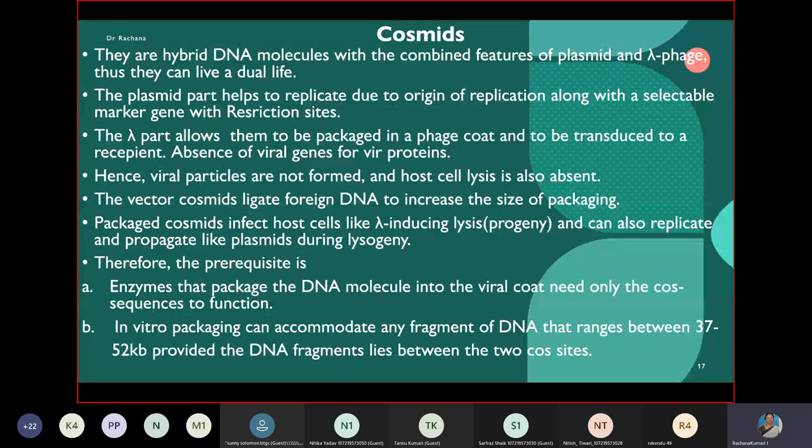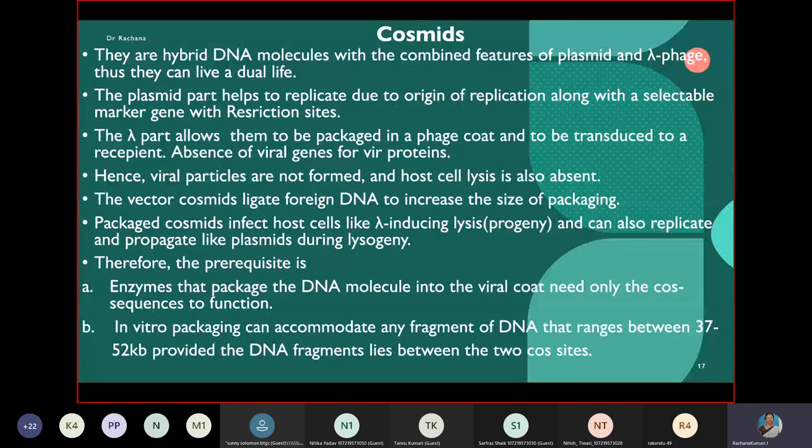It requires enzymes that package the DNA molecule. So we do not need the virulence genes or the vir genes, but we require genes that will render the job of packaging this cosmid DNA along with the insert DNA into the viral coat.